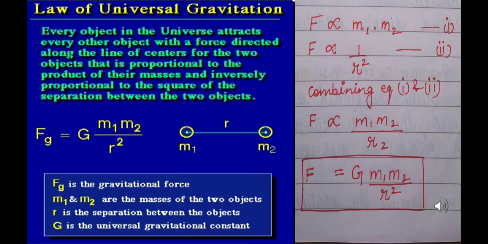Here G is the proportionality constant, which has a constant value that we will calculate further. So let's move further.